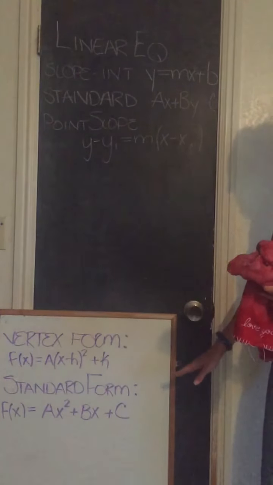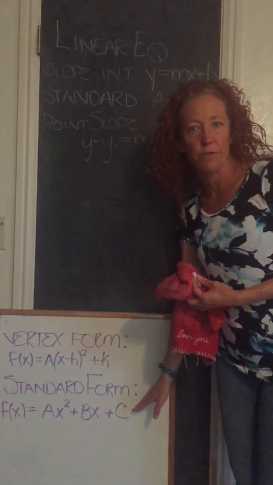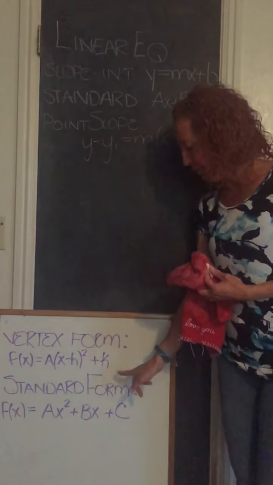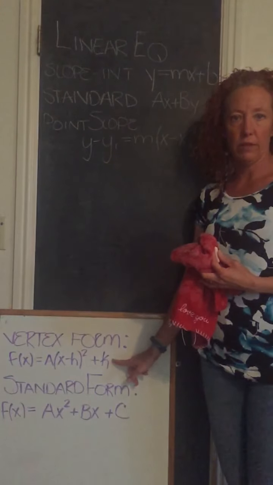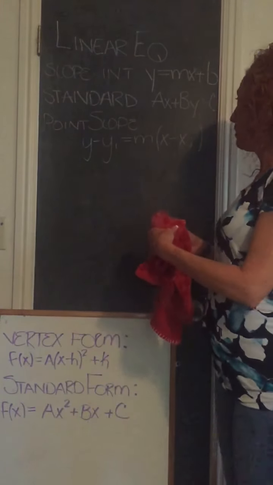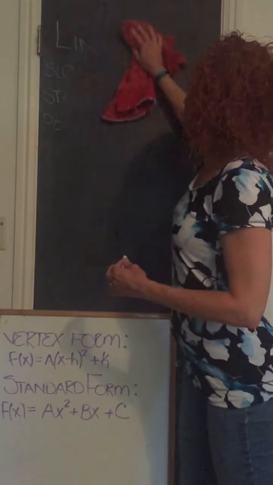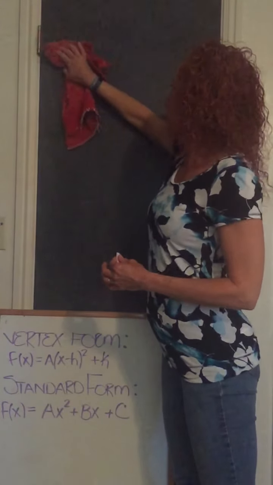When something is given to us in standard form, we need to learn how to manipulate this form so that it looks like this. The way we're going to do that is known as completing the square to put it in vertex form.